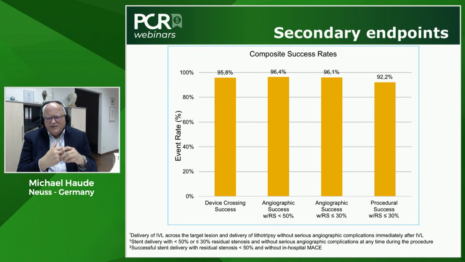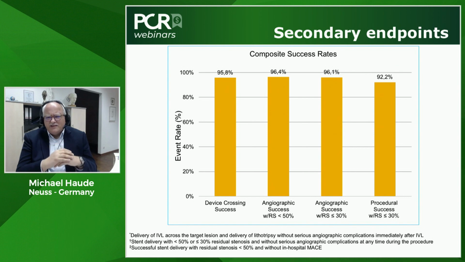Next, please. And this then finally translated into the different definitions of device and angiographic and procedural success, which you can see here. Independent of what kind of success you are looking at, we are significantly higher than 90%.